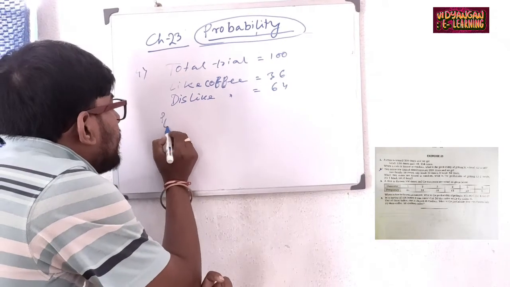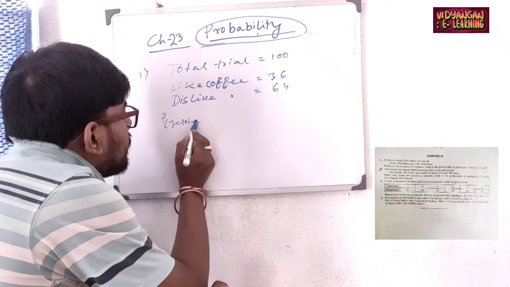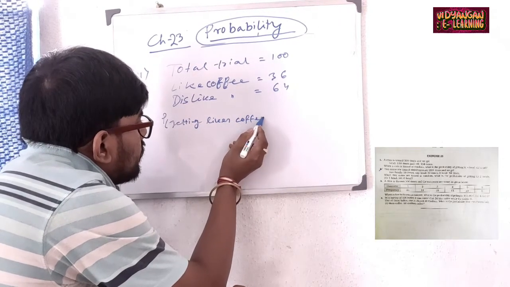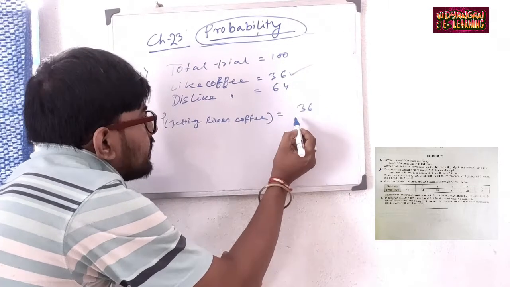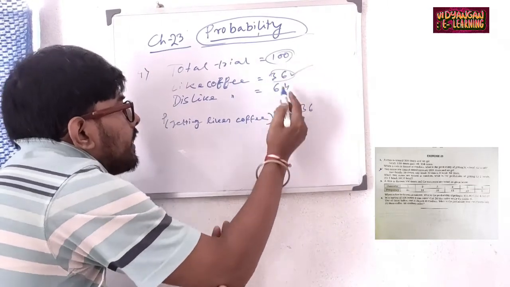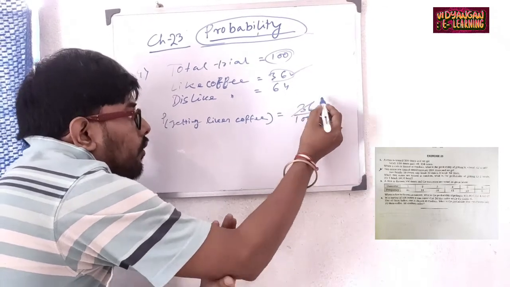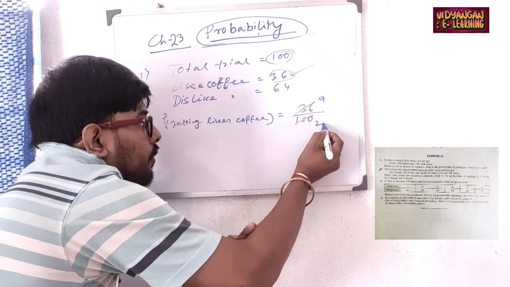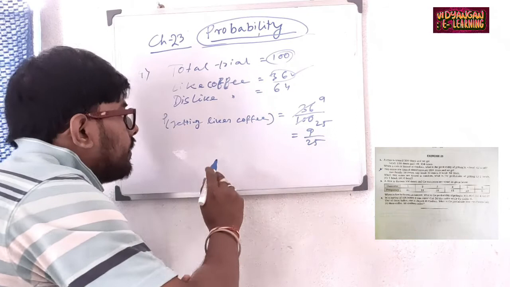So the probability of getting a lady who likes coffee is equal to 36 out of 100. This is the probability, and now we have to simplify it. 4 nines are 36, 4 twenty-fives are 100, so 9 by 25.